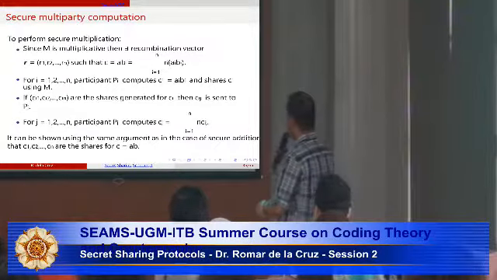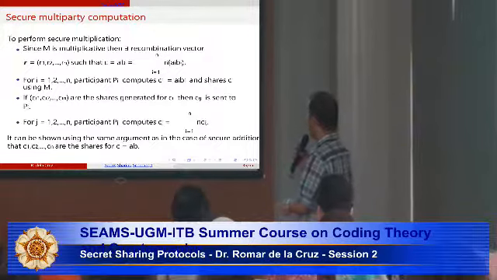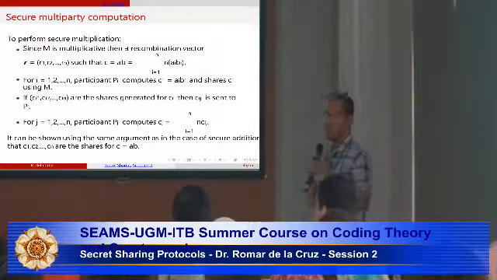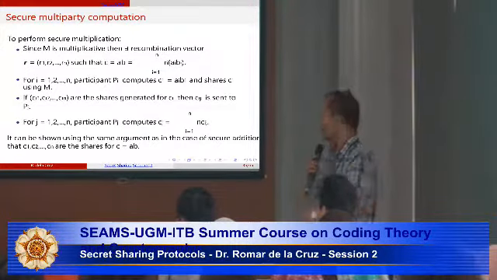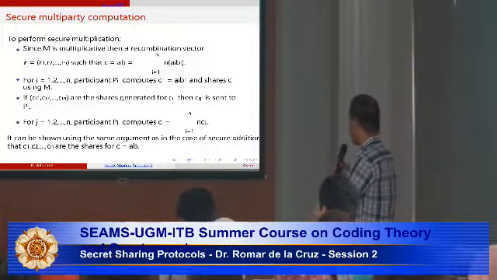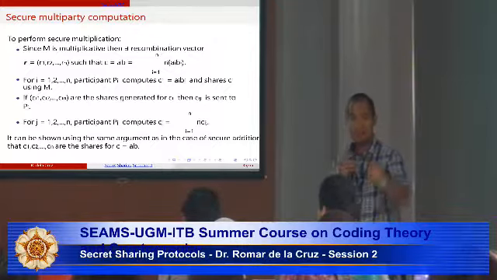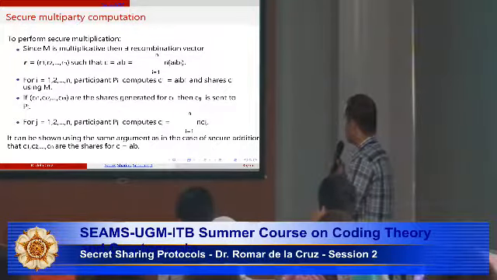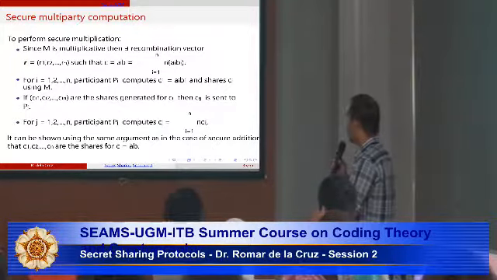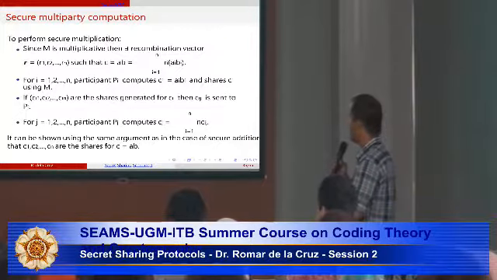And then C sub i prime is shared using the scheme. For each C sub i prime, suppose these are the corresponding shares using the scheme. One of the values here is given to the other participant.